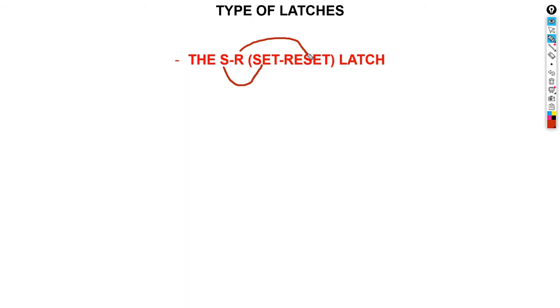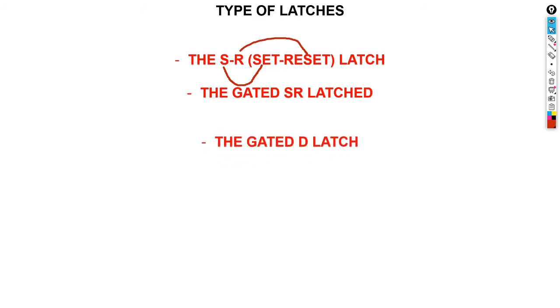It's an SR latch, a set and reset latch. And then the second one we're going to discuss is the gate SR latch. It is the same as the first one, but the difference is that now we have a gate. And the third one is going to be a gate D latch, which is different from the 2, but they are basically similar.